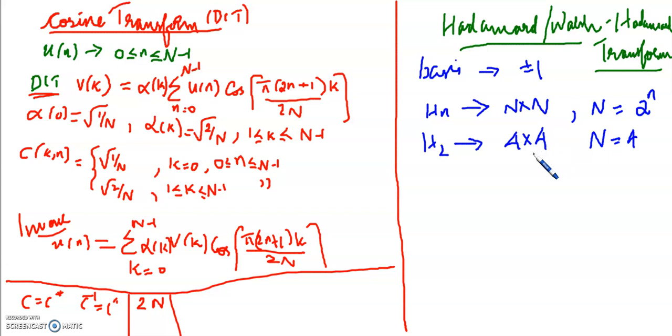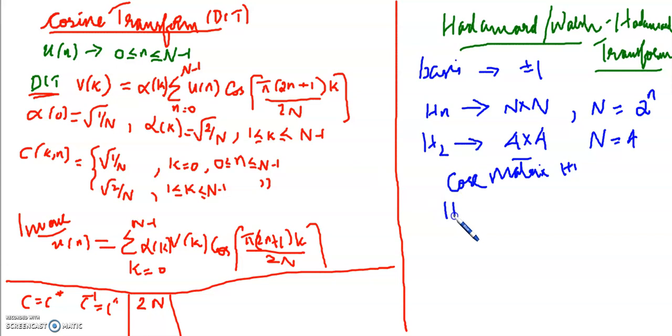Usually when you find the Hadamard matrix, you start with a core matrix H1. All the higher order matrices can be found using the Kronecker product.